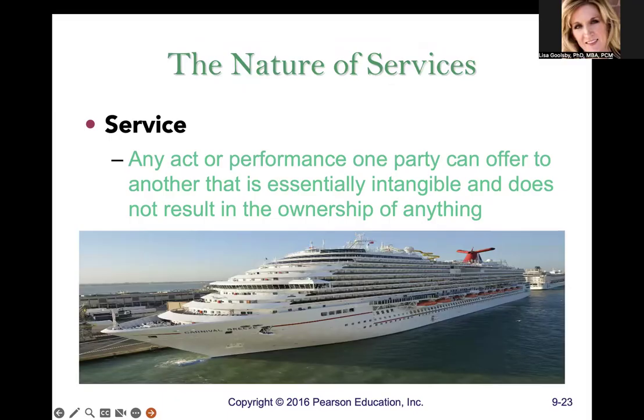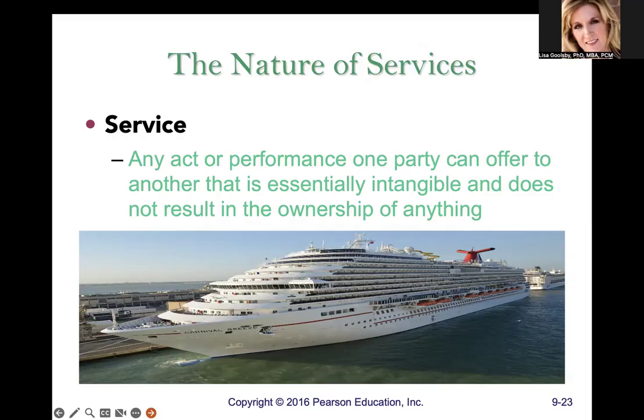If we look at the service industry, just briefly here, the nature of services is any kind of act or performance one party can offer to another that's intangible and does not result in ownership of anything. So lots of things fall under that service category.